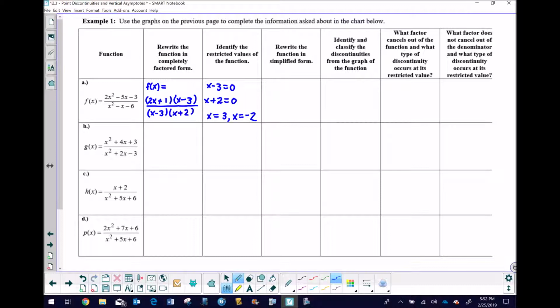Now, a lot of people have asked me, what is the best way to present these? And to be honest, you really have a couple of options. If a student were to write the restricted values are x equal 3, x equal negative 2, I would understand that the statement of equality using an equal sign coupled with the word restricted implies that these are values that you really don't want.